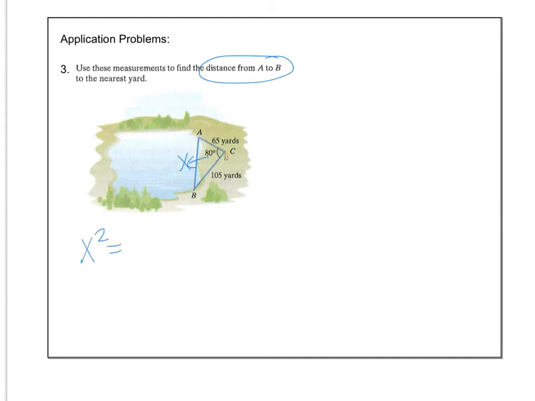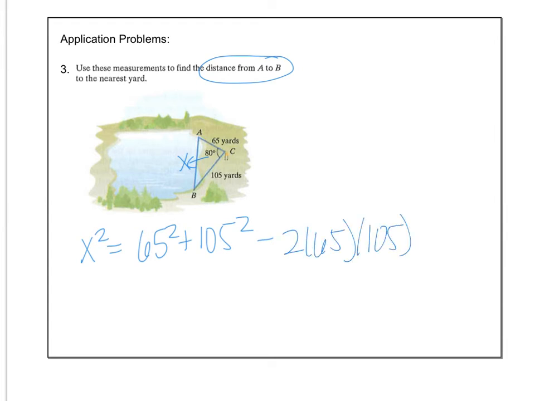X squared is equal to 65 squared plus 105 squared, minus 2 times 65 times 105 times the cosine of that angle across from what we're trying to find, 80 degrees. So this goes back to the very first problem we did. These are all numbers. Whenever those are all numbers, you're just going to type the whole thing in your calculator.